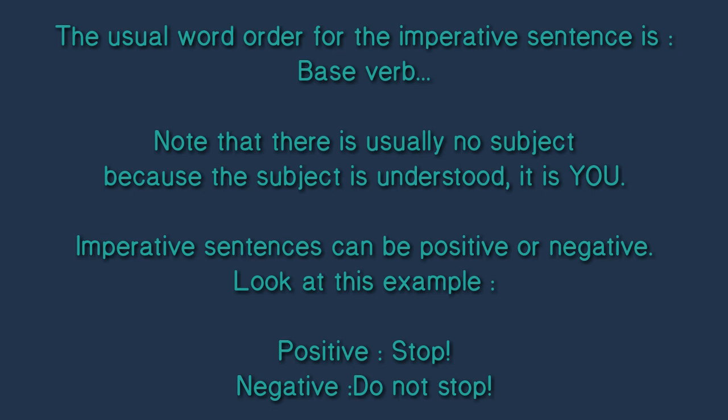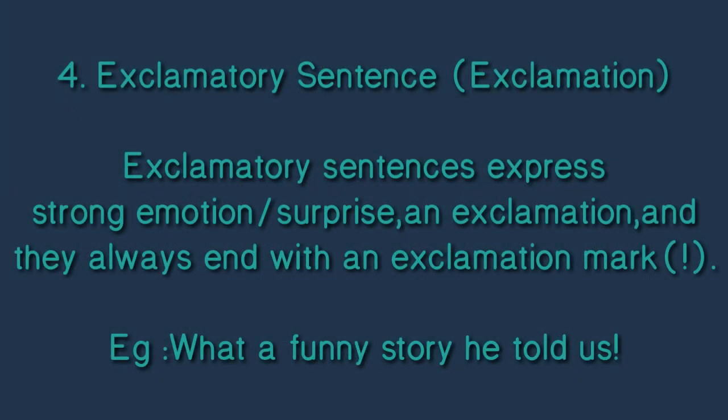So there is usually no subject in an imperative sentence and the subject is understood, it is you. Imperative sentences can also be positive or negative. Look at this example. Positive, we can say stop. Negative, do not stop. Okay, that's all. The next one is exclamatory sentence.